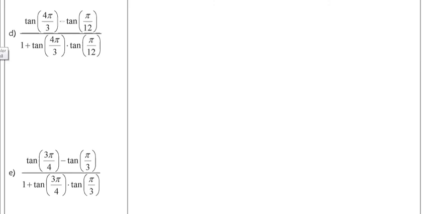All right, so hopefully you're seeing this is going to be tangent of alpha minus beta, because we've got the minus right here. Here's our alpha, here's our beta. So alpha is 4 pi over 3, beta is pi over 12. So this is tangent of 4/3 pi minus pi over 12.